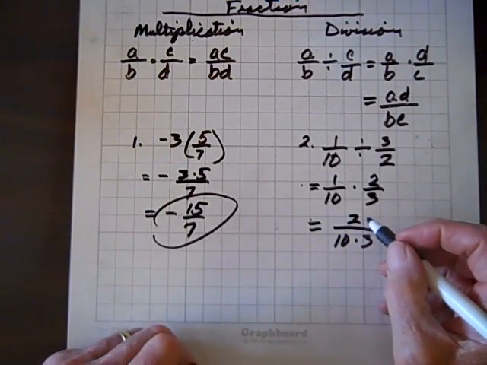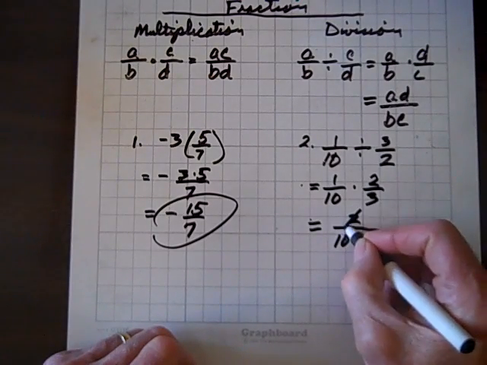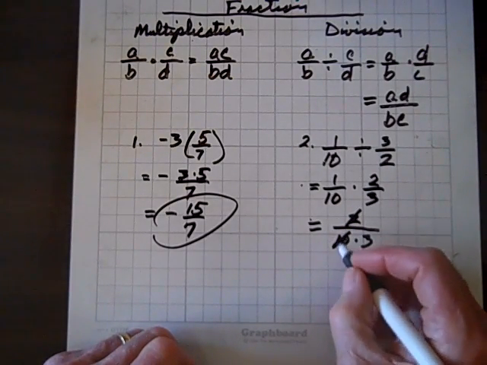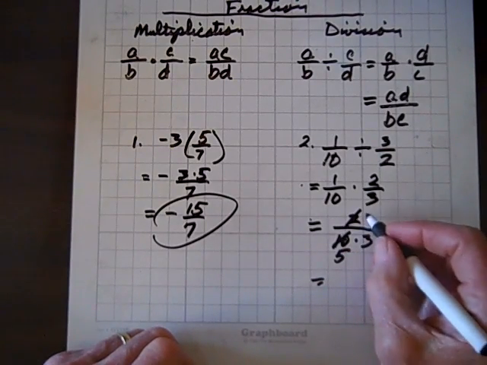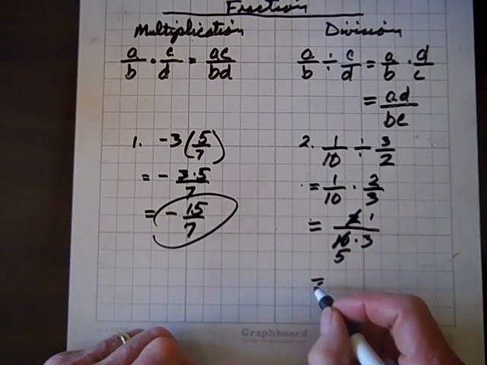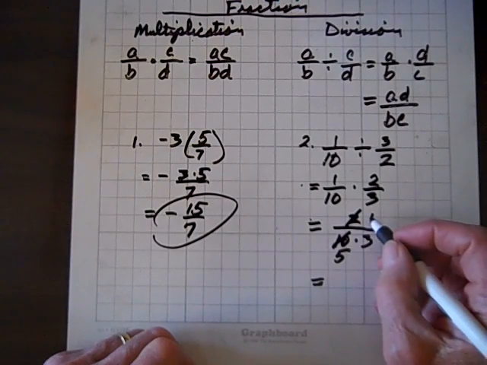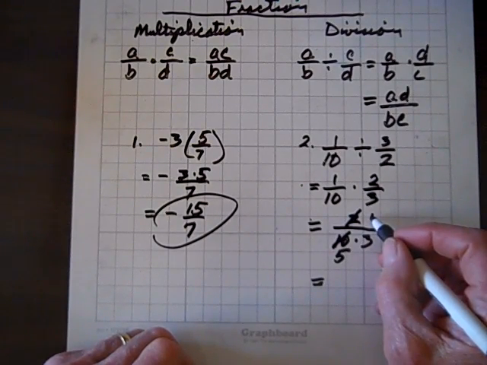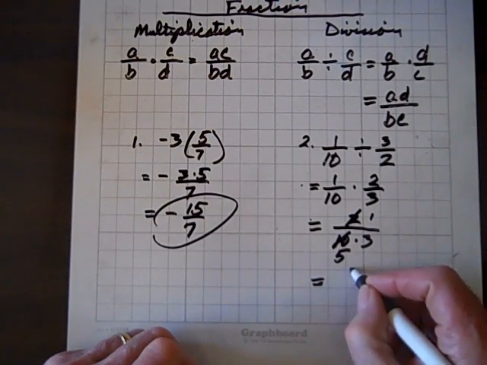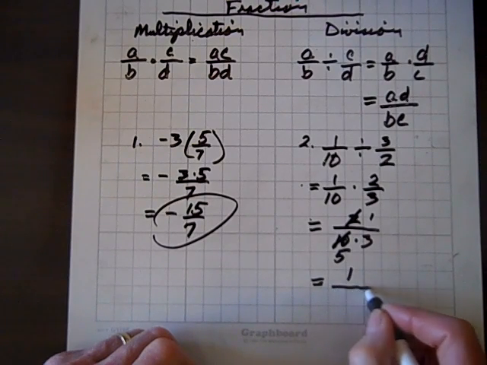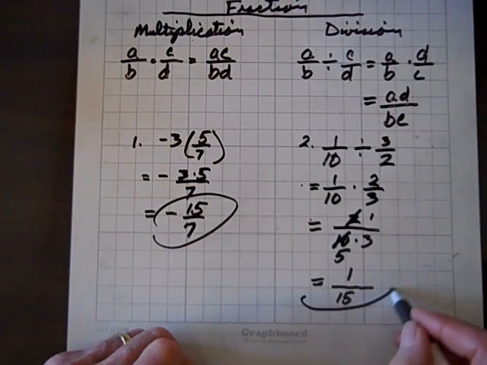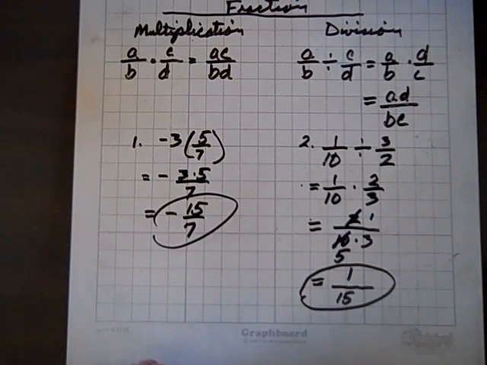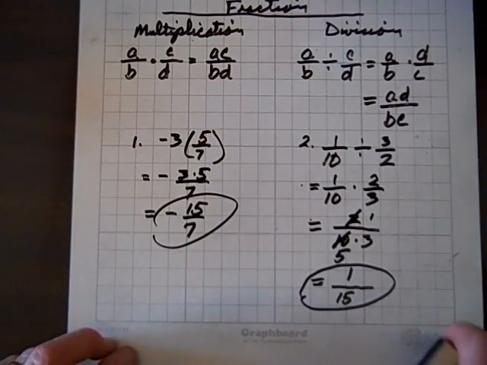But this will reduce because 2 goes into 10 5 times. So now in place, 1 times 2 is 2, so our remaining factor in the numerator is 1. And 5 times 3 is 15. And we're done.